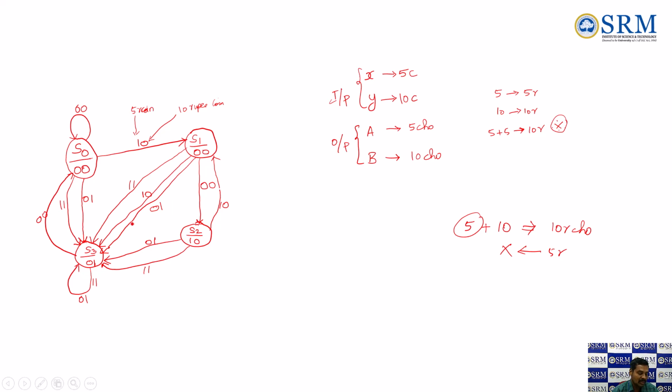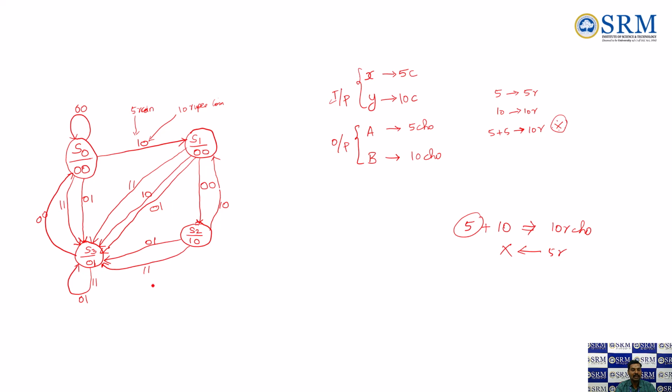So this is our state table. Keep in mind, whatever input you are giving, the machine has to act accordingly. The first condition given is, if I'm using a 5 rupee coin, the machine has to dispense a 5 rupee chocolate. If I'm using a 10 rupee coin, the machine has to dispense a 10 rupee chocolate.